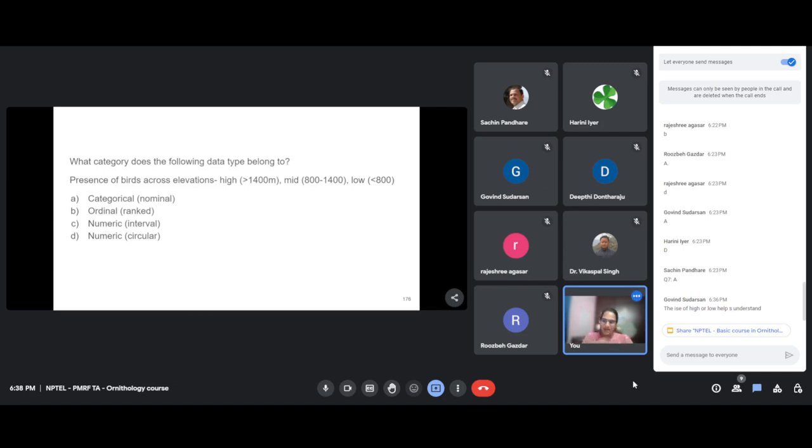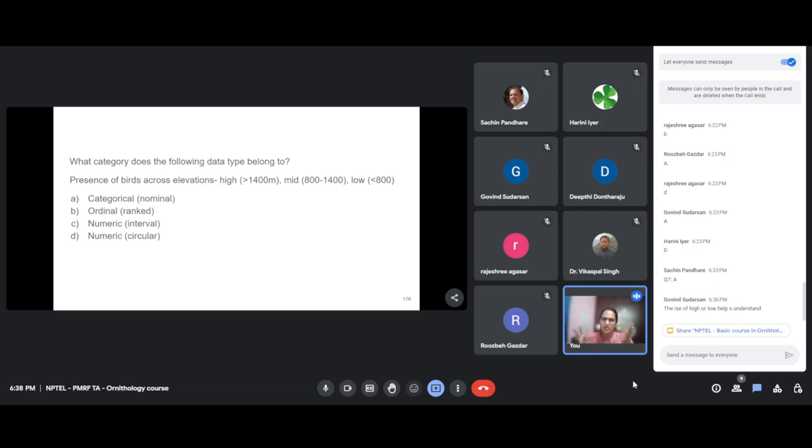If I look at my mid elevation data type, out of the 1000 I have 500 observations in mid elevation across these 20 species. Not obviously the same, but in my mid elevation itself all my birds are concentrated only in the 1000 to 2000 range, or at like 1000 to 1100, right?